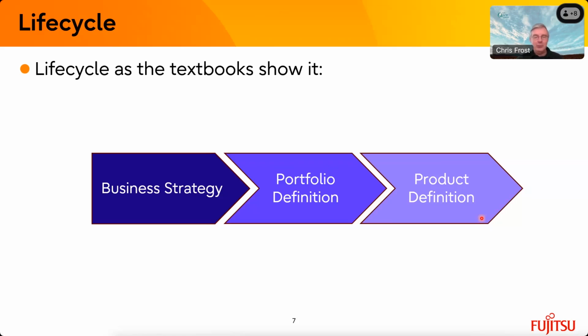That was the strategy work to come up with the overall approach that we wanted to follow. That then led on to a number of portfolio definitions. And now finally that's being realized as a number of products both on the market and being developed. So this is a fairly typical sort of approach.